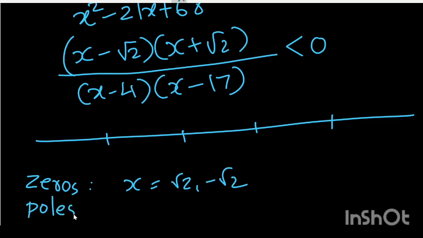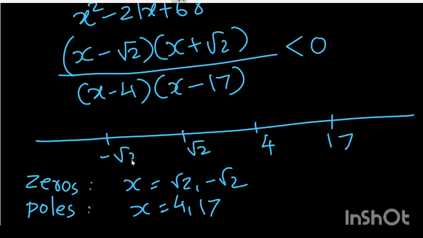The poles are x = 4 and 17, the points at which the denominator vanishes. So this is 17, this is 4, and this is √2 and −√2. 4 and 17 are poles, so I will place a cross sign here.